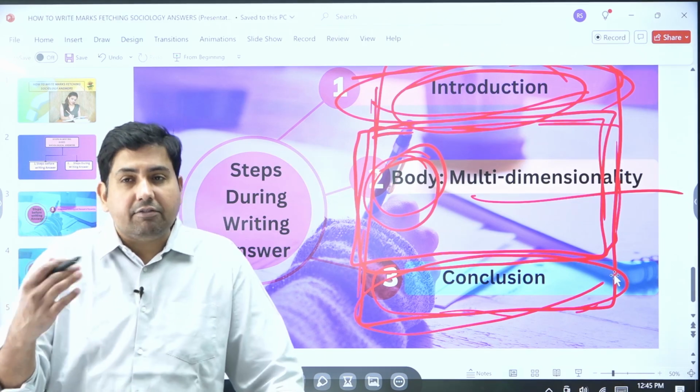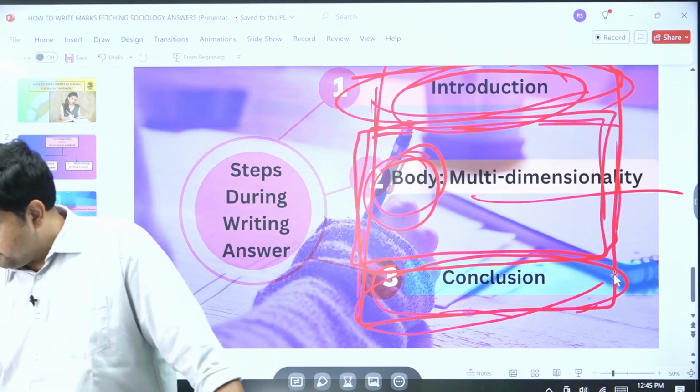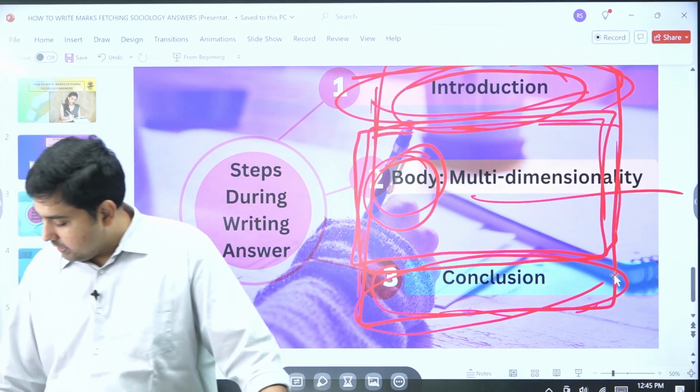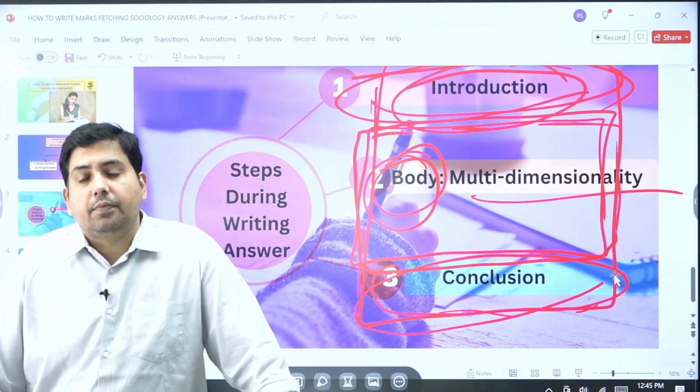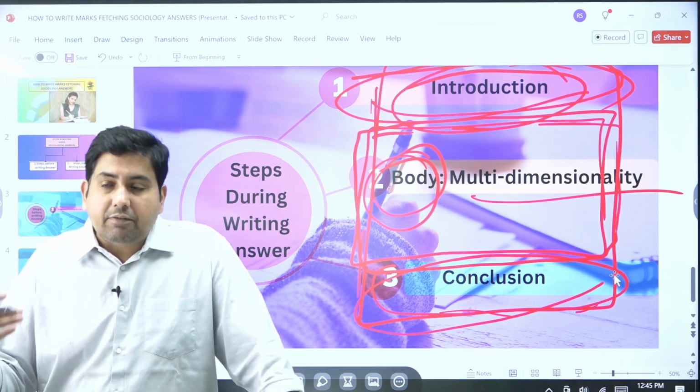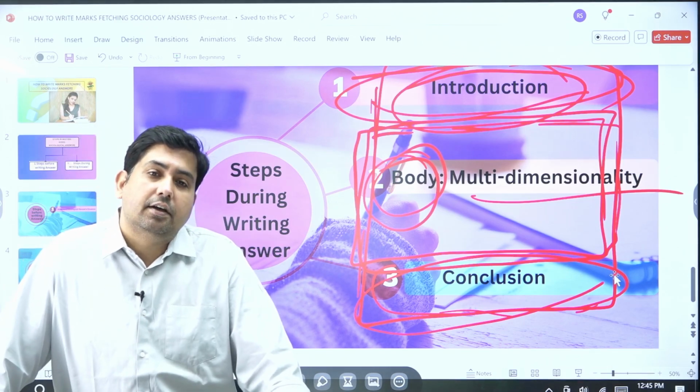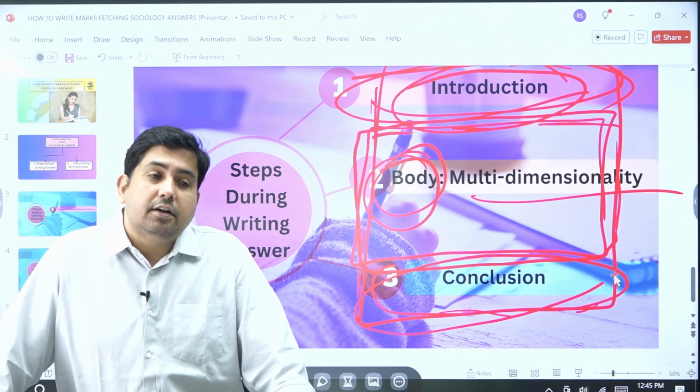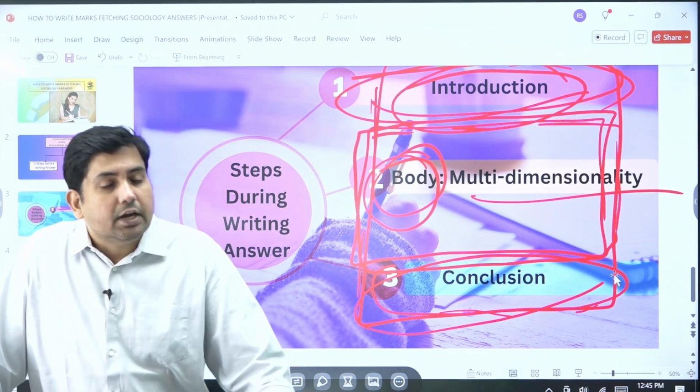Then we have Merton's deviance theory. Clear? Merton's deviance theory. So you have conformist, innovator, ritualist, retreatist, and rebellion.